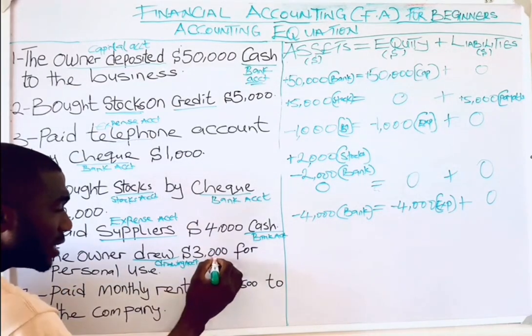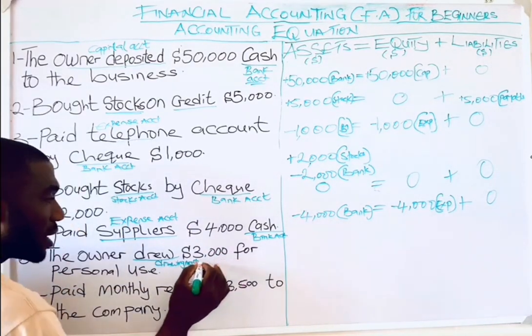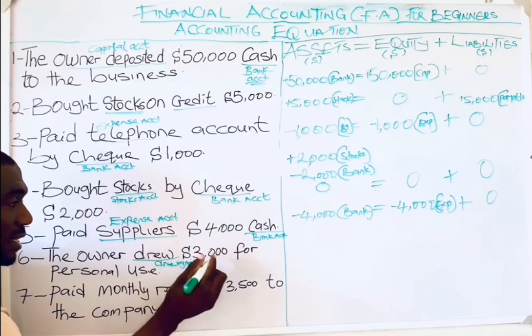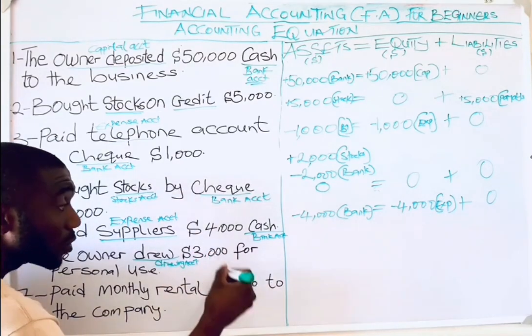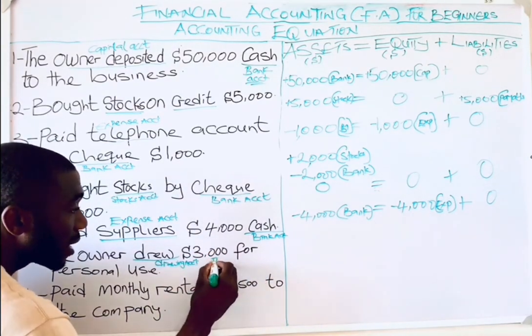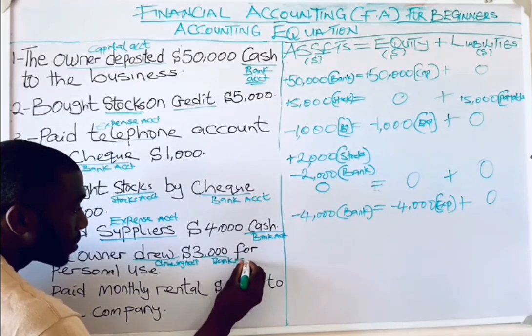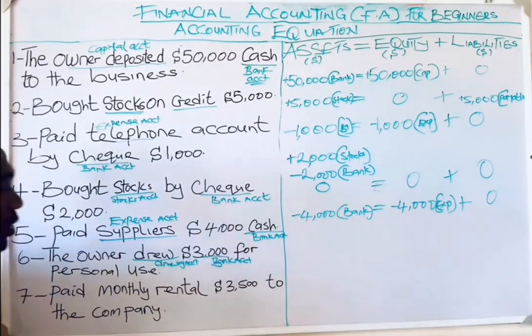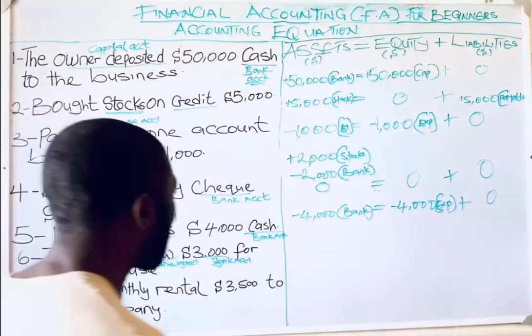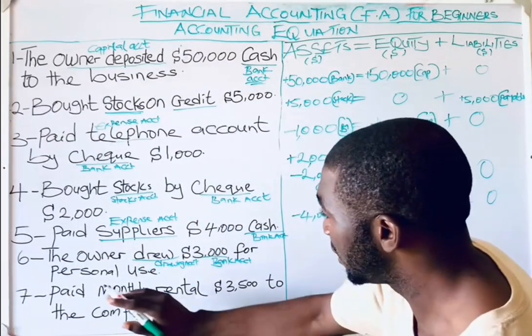Here, there is not cash or bank. So whenever you see a question like this, it is either cash or bank or check. So is our bank account. This is our bank account. So we have identified the transaction. Let's put it and see.